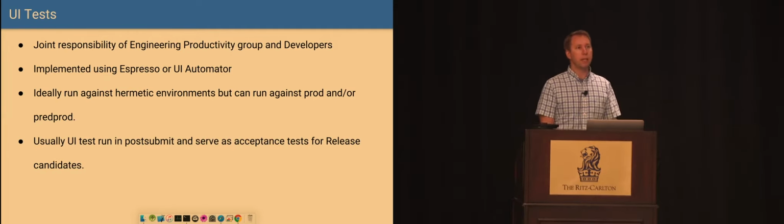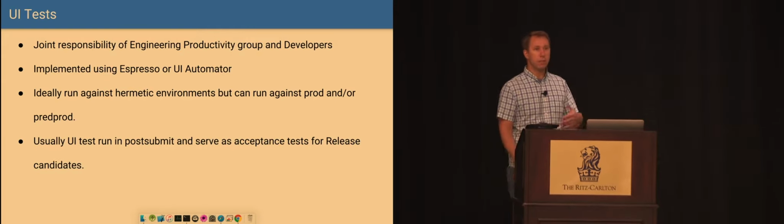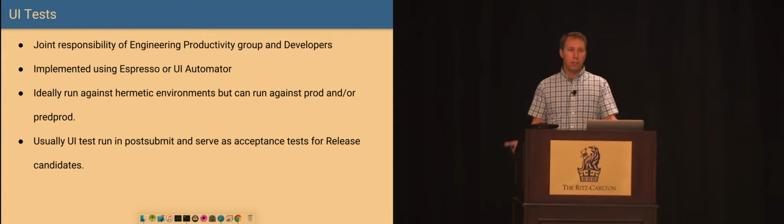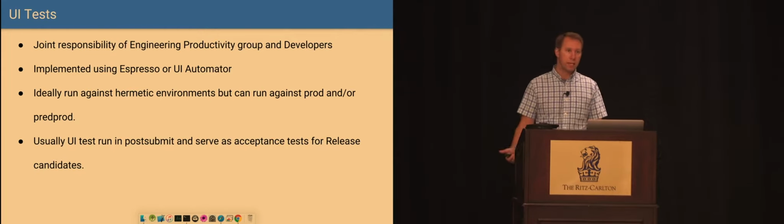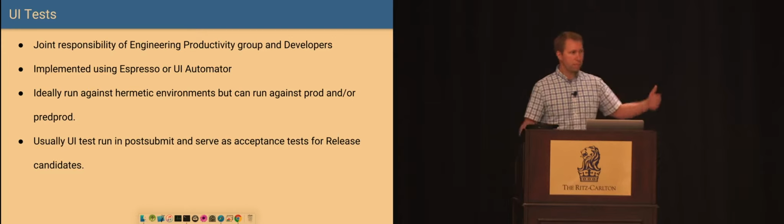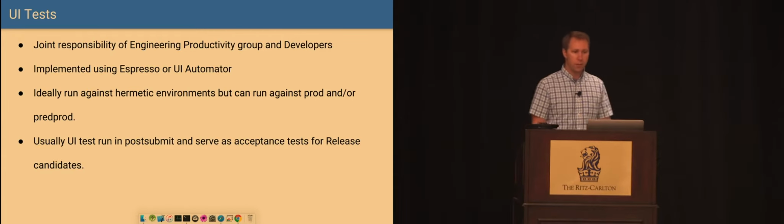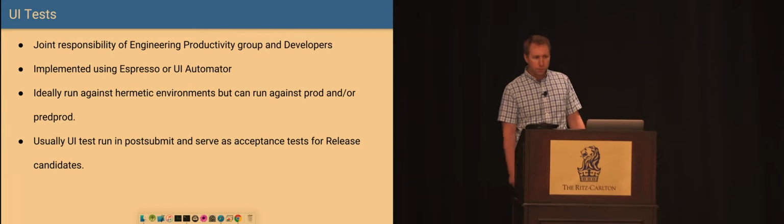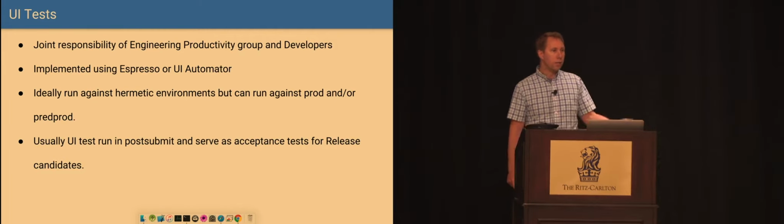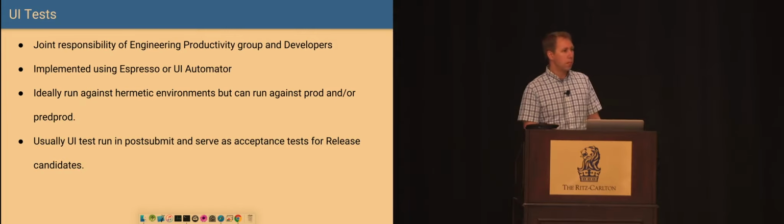Even if some UI tests are written by us, developers are still responsible for maintaining them and making sure that they look at any test failure signals from those. Usually we use 2 test frameworks, as I mentioned, Espresso and UI Automator.